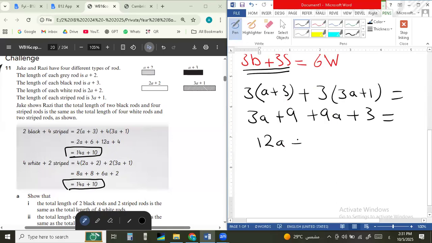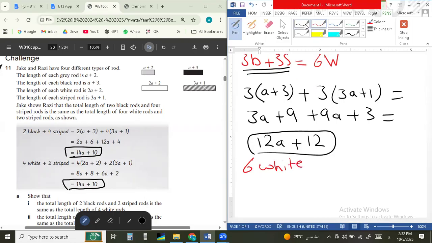Positive 9, positive 3 is positive 12. So that's it about that. 3 black, and 3 striped. What about the white? Let's do it. Now I need 6 white. Will they be the same? We will see.